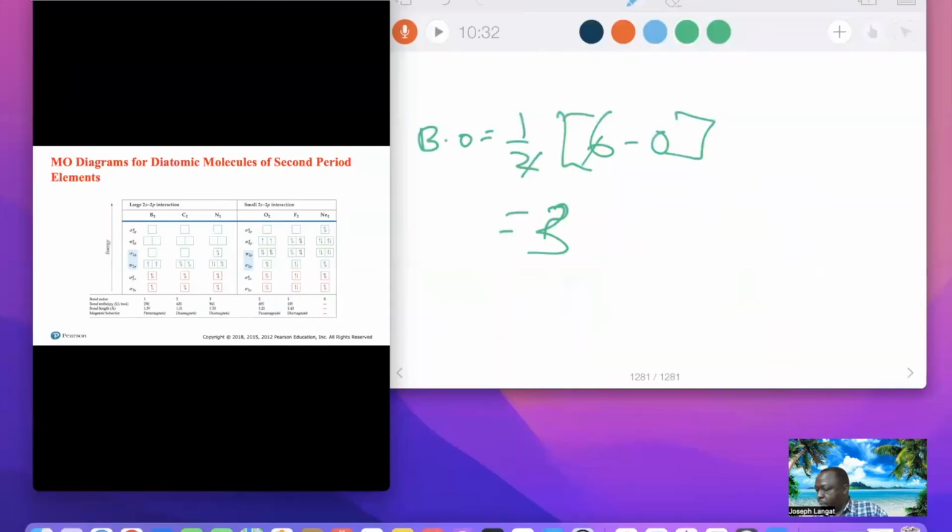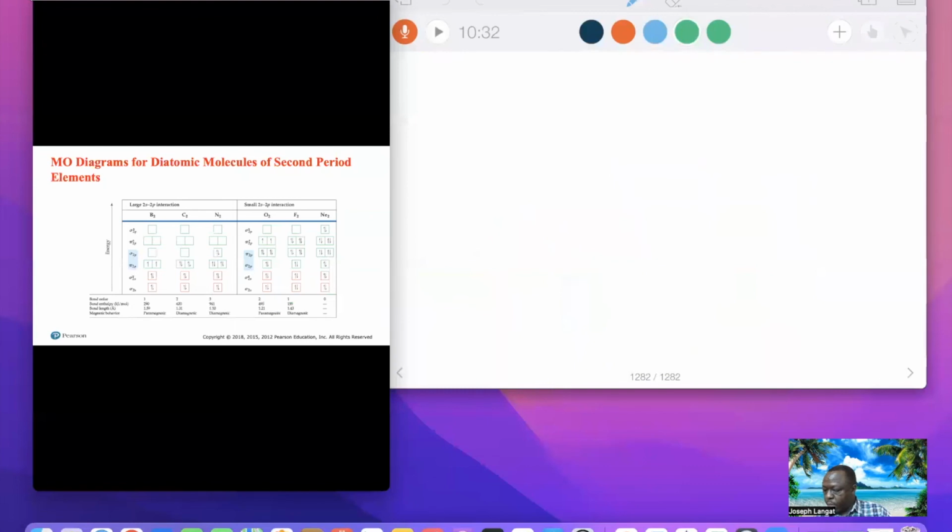Why it is diamagnetic. So if I write the carbon here, let's say carbon and carbon. Carbon is number 6, so 1s, 2s. Then we have another one here.